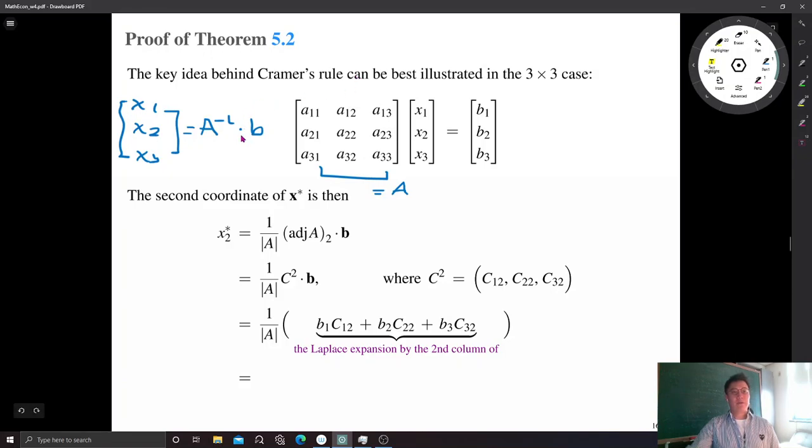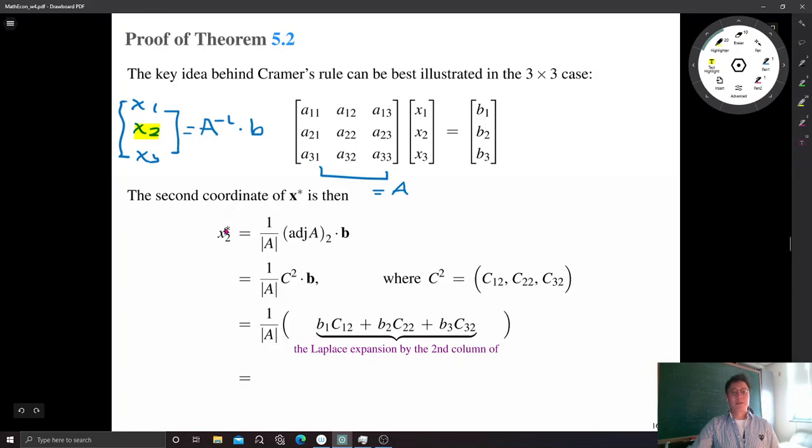Then we learned how to compute the inverse matrix. Suppose we are looking for the second variable, x2 star. We have a multiplication on the right-hand side, and by the rule of multiplication between two matrices, the second variable is the second row of the first matrix dotted with the first column of the second matrix.